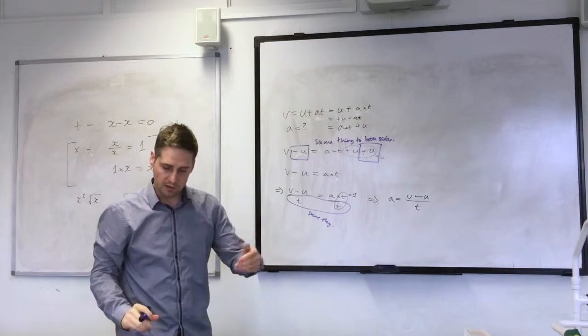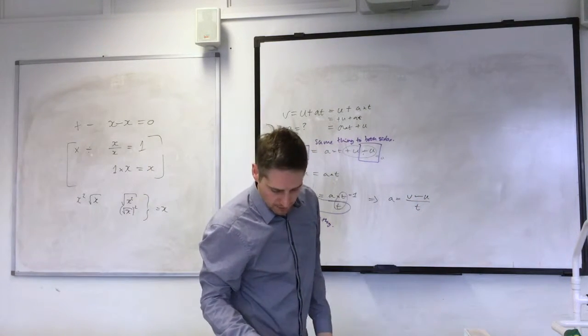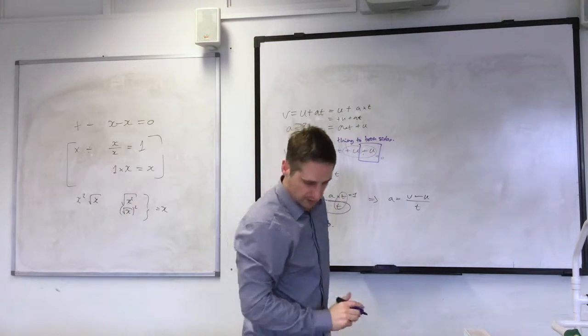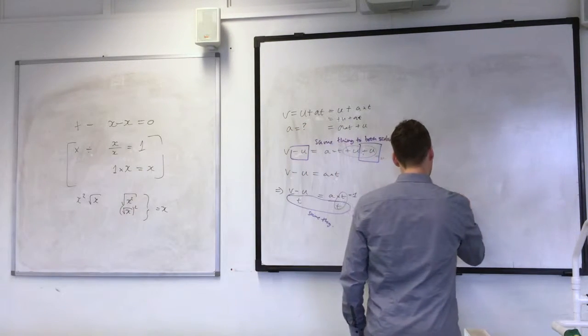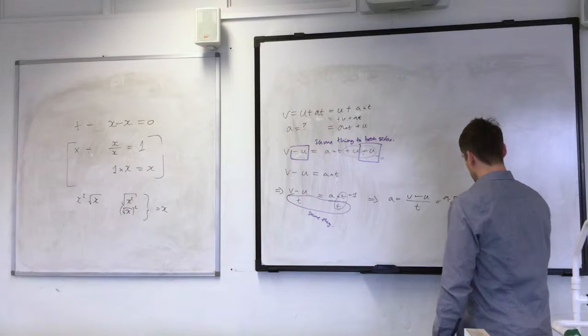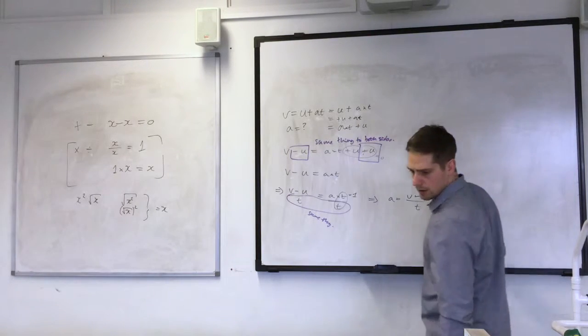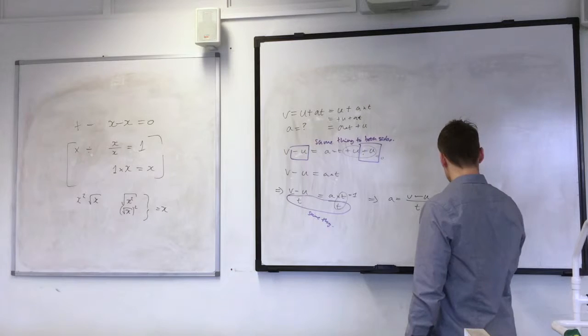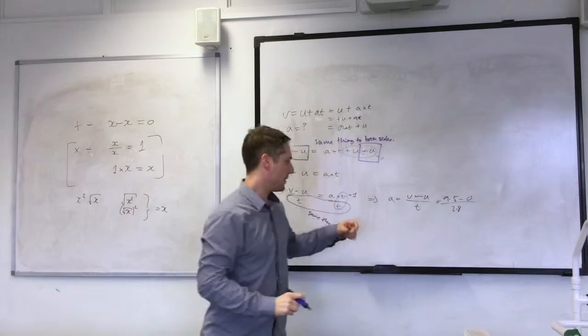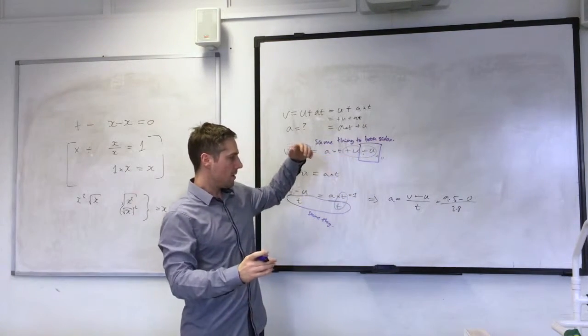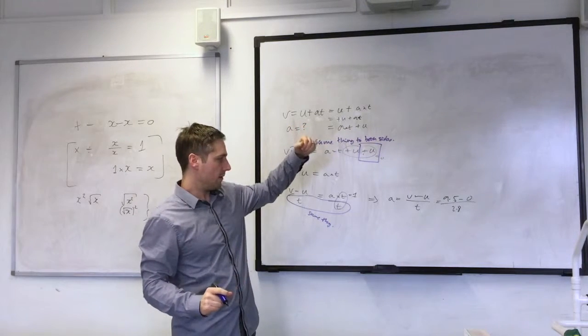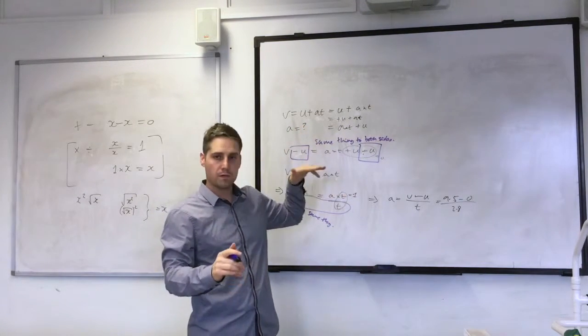And if I need the values, I can work out the value for that, which is, let's say, 9.5 minus 0 over, I'll put that 2.8. So this is something that is accelerated from rest.